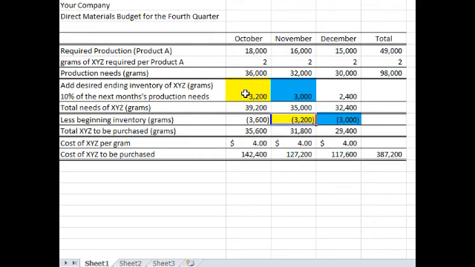October's ending inventory should be the beginning inventory of the following month. Again, November's ending inventory should be the same as the beginning inventory of the following month. So you do the same calculation, and then you're going to get the overall total production needs and how much you need to pay for that material.